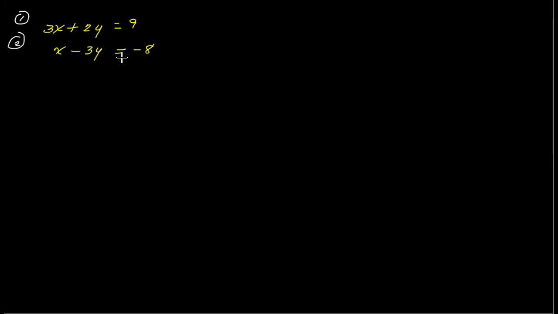Right. So now what we could do is we could go to any of these two. Again, I'm just going to go from equation 2. But we're going to do something different now. So from equation 2, I write out equation 2, right? Says x minus 3y is equal to minus 8.